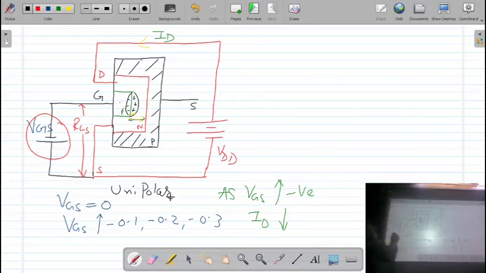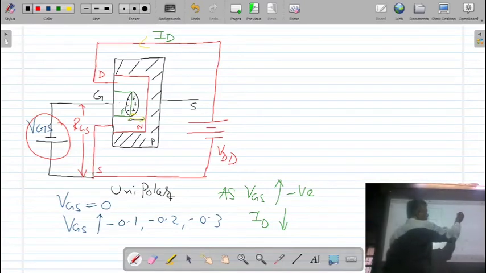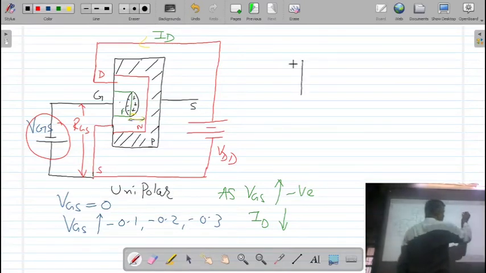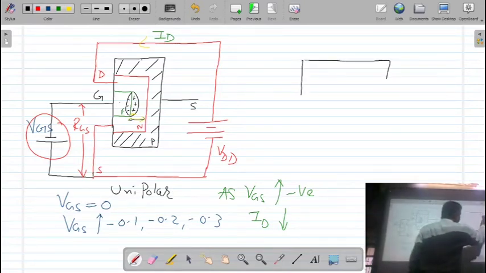Okay, now from this discussion, we'll try to understand the difference between the field effect transistor and the bipolar junction transistor. So let me summarize the bipolar junction transistor, so it becomes very easy for you. This is your bipolar junction transistor.